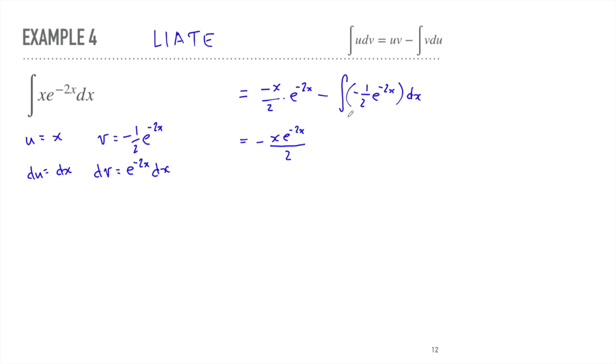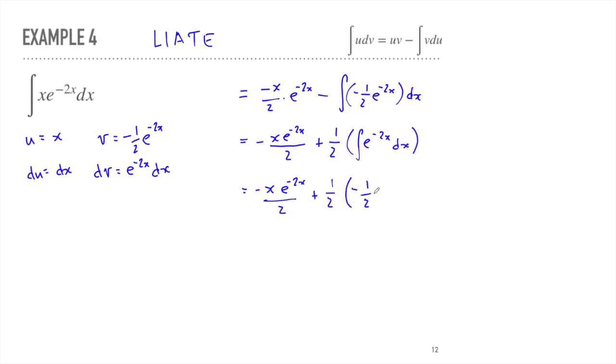This one, i-try natin i-simplify. Ilabas natin yung negative 1/2. So, magiging plus 1/2 antiderivative ni e to the negative 2x dx. So, nagawa na natin yan dito kanina. So, copy na lang natin.